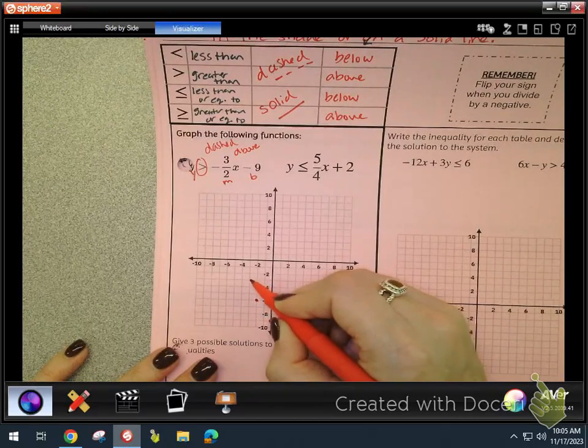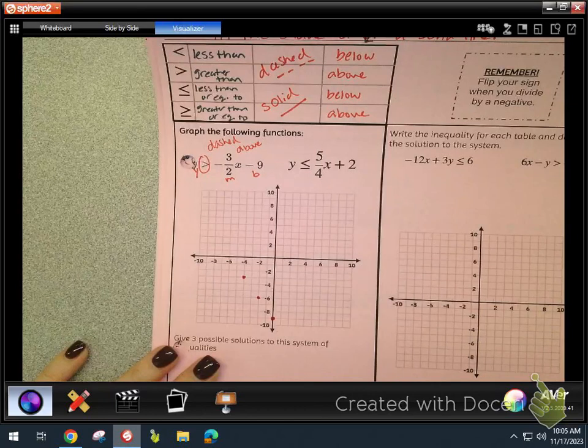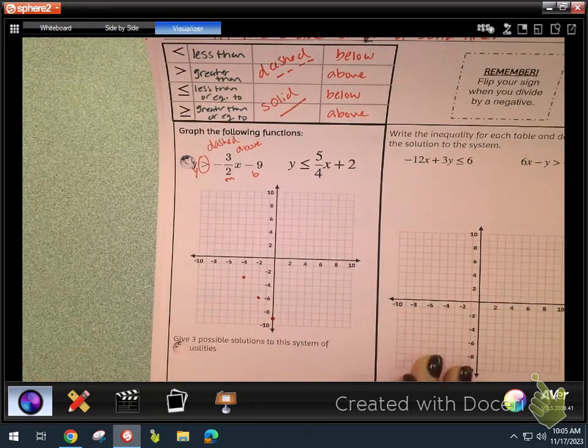Miss McCartney, I have a question. Does it matter where you move based on the symbols? No. The symbol only tells you about line type and shade. The numbers are exactly the same as they are in equations. They tell you how to move vertically and horizontally.